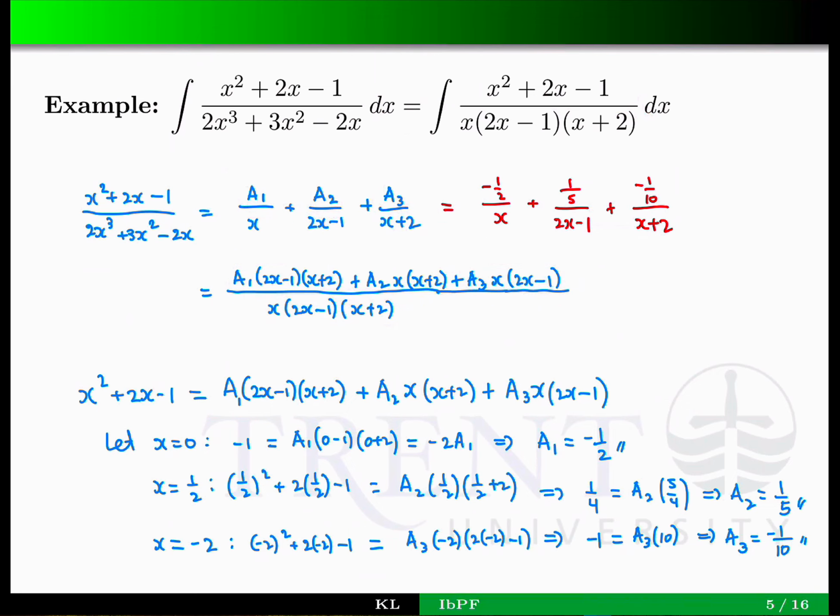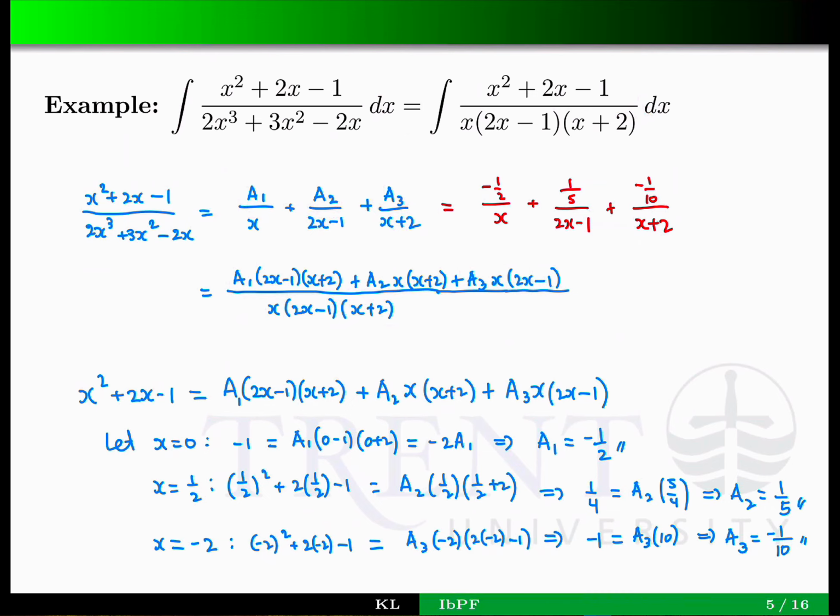You will have a coefficient times x squared plus another coefficient times x plus a constant, in terms of a1, a2, and a3. Then you compare those coefficients and constant with the coefficients and constant of the original fraction.